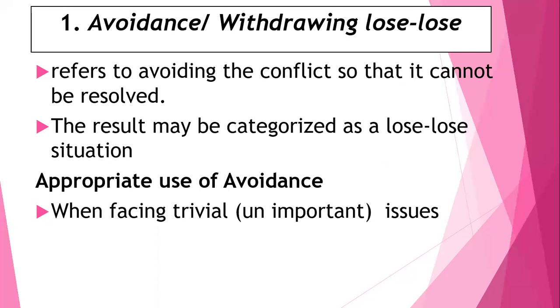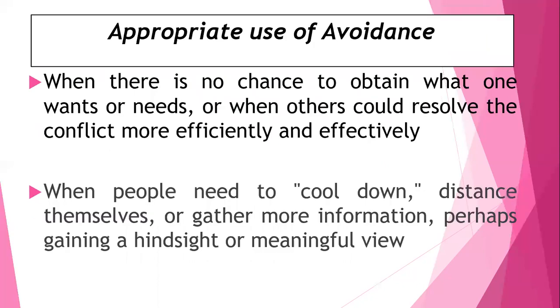All right? How appropriately can we use avoidance? When facing smaller issues that do not matter. And apart from that, we should also know that when there is no chance to obtain what one wants or needs, or when others could resolve the conflict more efficiently and effectively, then avoidance can be used.